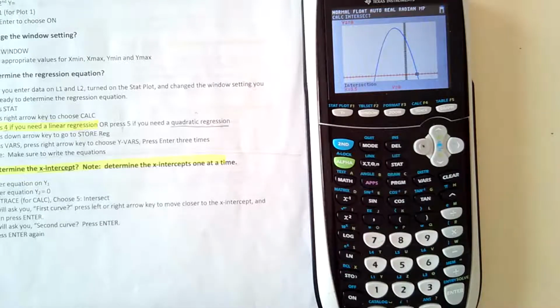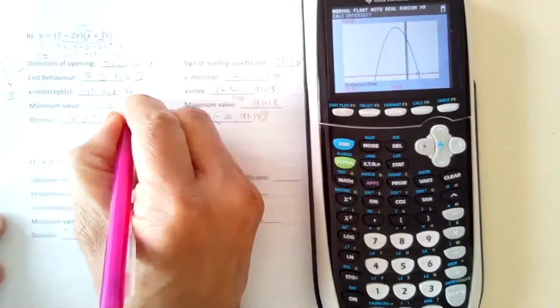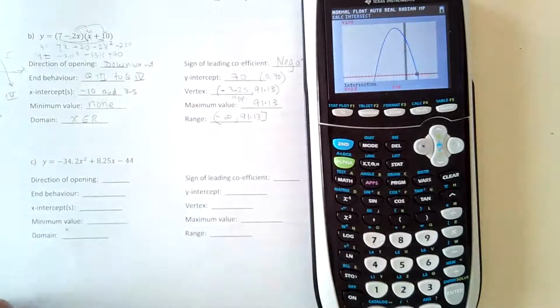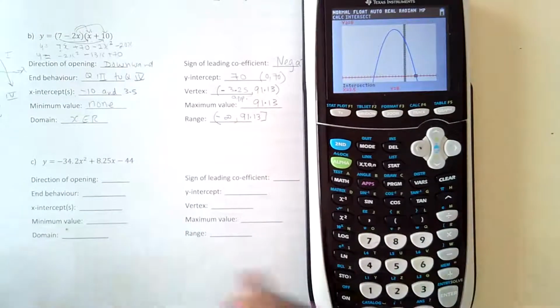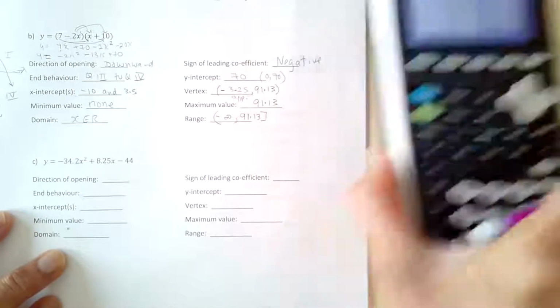And there's your next one. X is 3.5, y is 0. So there are your intercepts. So we've completed all of the characteristics.